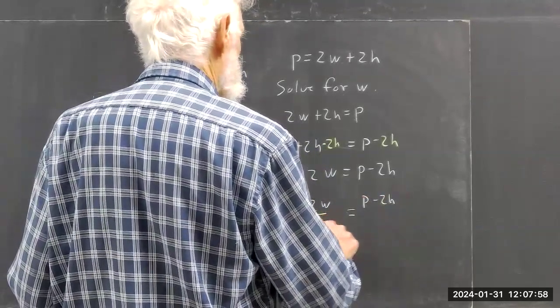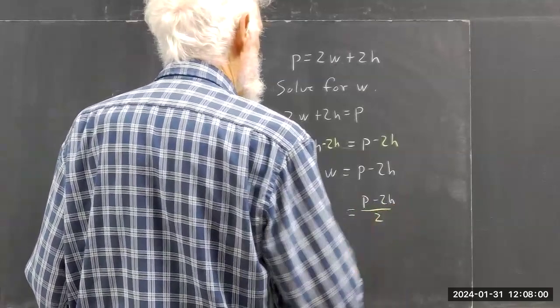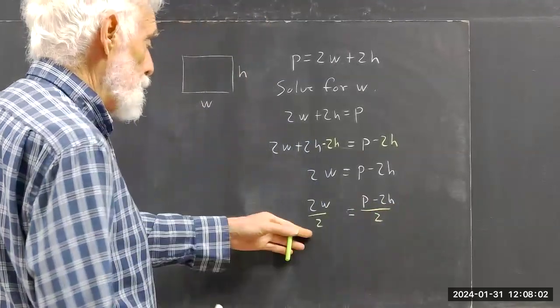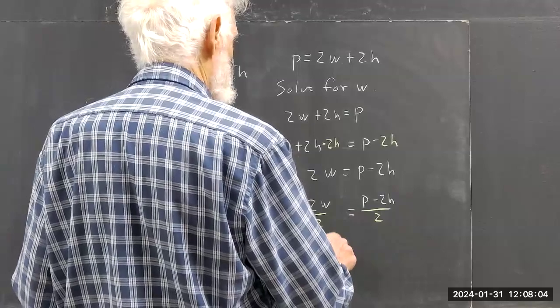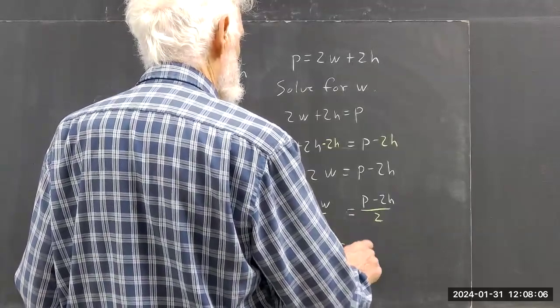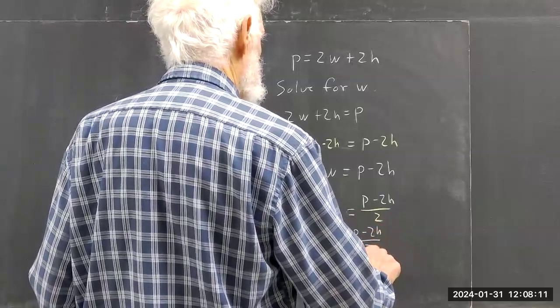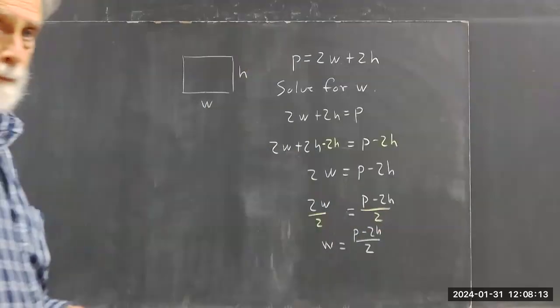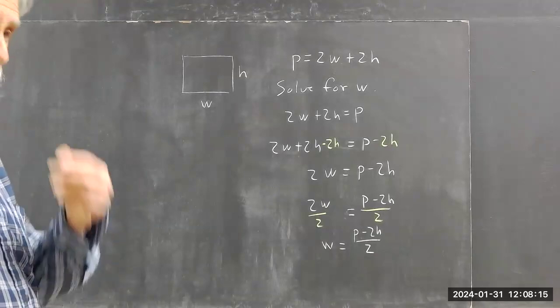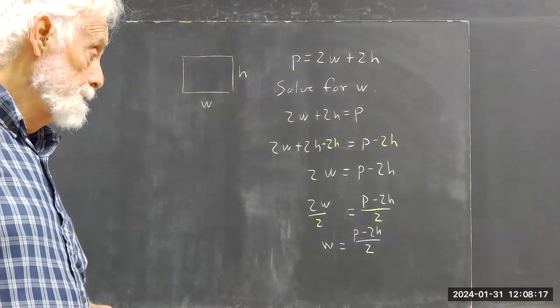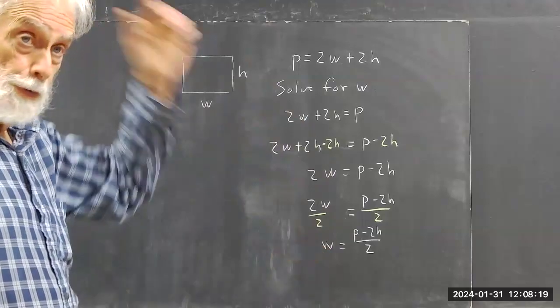If we divide both sides by 2, well, 2 is going to divide the 2, and we're going to get W equals P minus 2H over 2. So we just solved the equation for W.